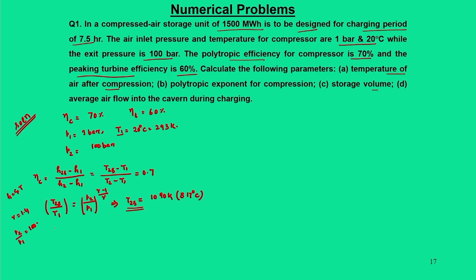So, from this equation we can say T2 is equal to T1 plus (T2s minus T1) divided by this isentropic efficiency value. If you put the number, it is 1159 degree centigrade or 1433 Kelvin.